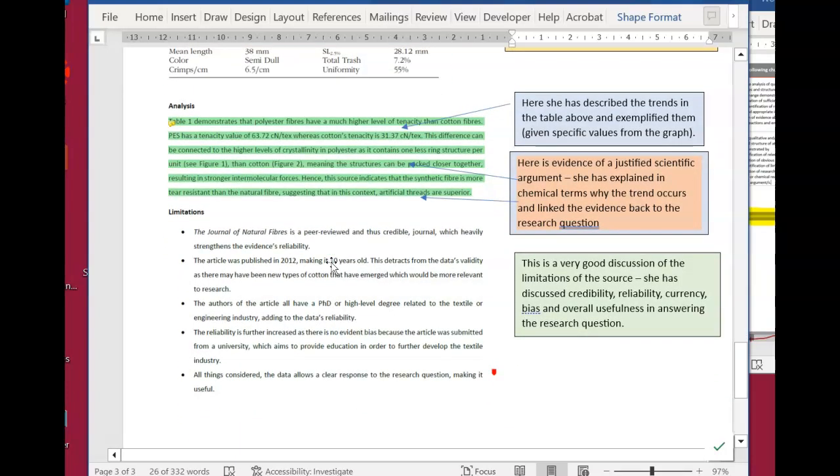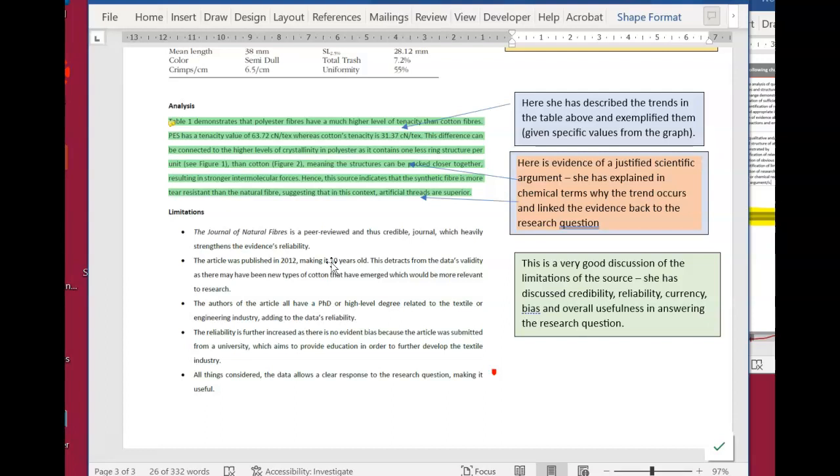The third thing that you need to discuss is the limitations of the sources, or the evidence. Sometimes the limitation is linked to the evidence and sometimes it's linked to the source, most usually the source. She's said this comes from the Journal of Natural Fibres, which is a credible journal, so that strengthens the evidence's reliability.